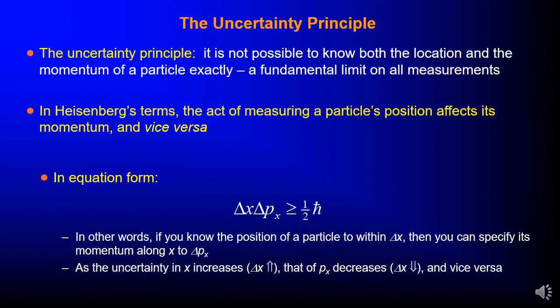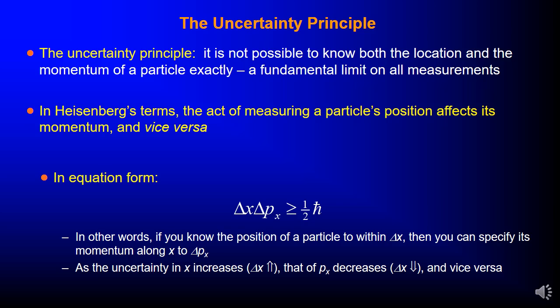the uncertainty principle says it is not possible to know both the location and the momentum of a particle exactly, a fundamental limit on all measurements. If you know the location, you cannot also know the momentum, because momentum is when it is moving and location is when it is standstill.